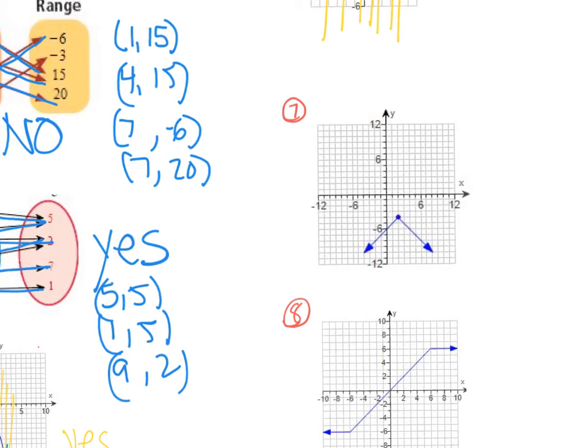If we look at the next one here, you can see that if we take our vertical line test and we start to go through, that vertical line is going to intersect just 1 point at any one time. So yes, it is a function.